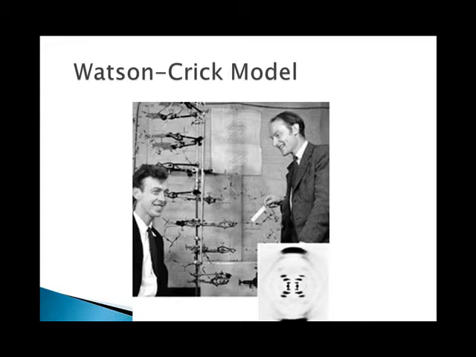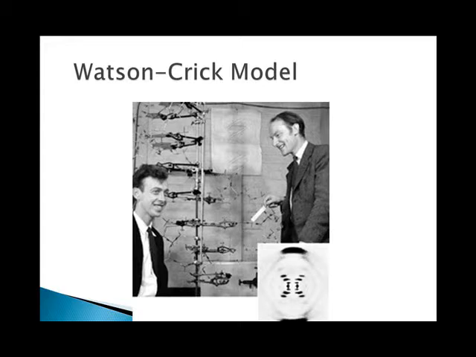They took a look at Franklin's X-ray diffraction photo and they went, oh my gosh, it's not just a helix, it's a double helix. And because of Chargaff's rule, they were able to pair up the bases, the adenine to thymine and the cytosine to guanine, and they held them together by hydrogen bonding. They were the first to create the real, accurate model of DNA, and this was in the early 50s. And they figured out that base pair sequences differ from species to species.